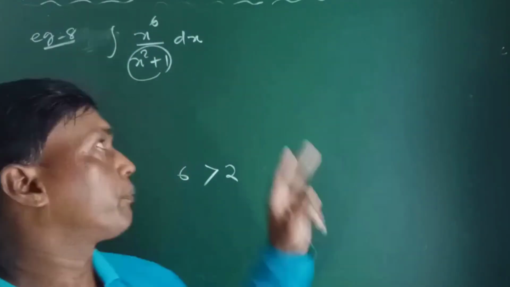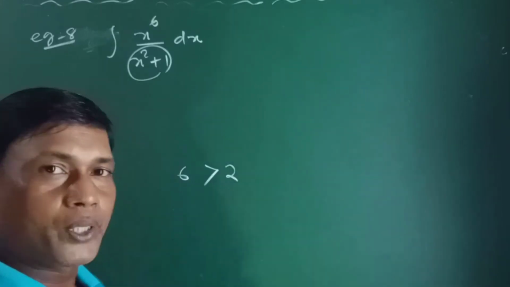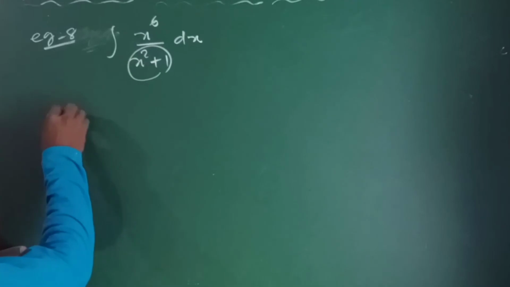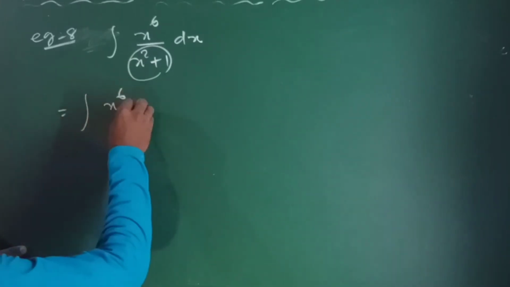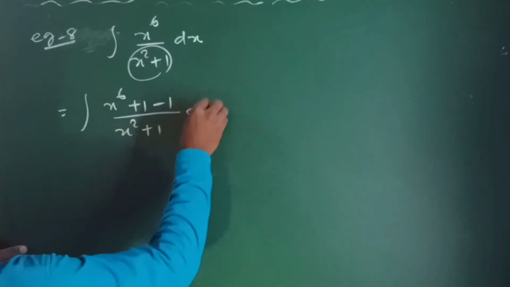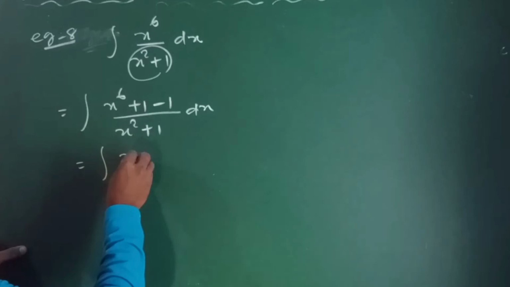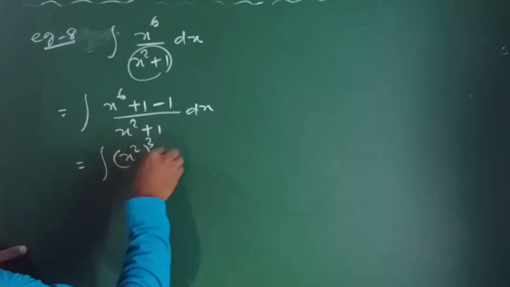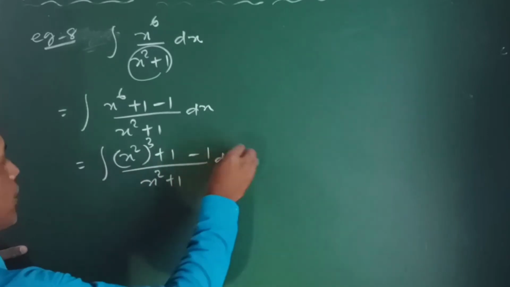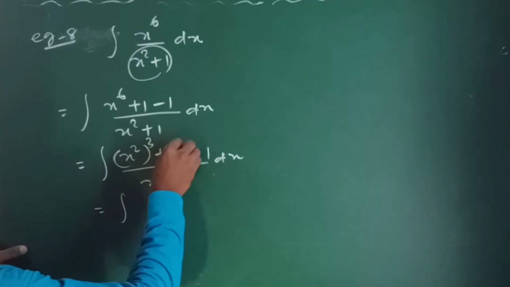Two ways to solve this problem. First is to divide, and I am showing here two methods. First I want to adjust it. Now look at here, x to the power 6 plus 1 minus 1 by x square plus 1 dx, which is equal to, this x power 6 means this is square of x cube plus 1 minus 1 by x square plus 1, and which is equal to, now this 1 is 1 cube.